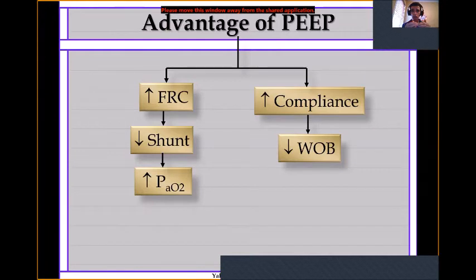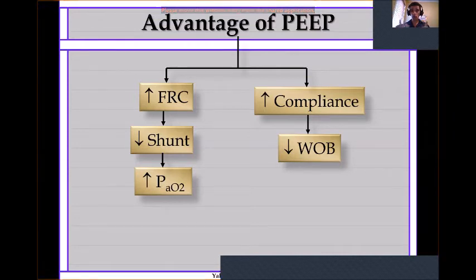If there is no good contact, the blood will move without gas exchange, causing an intrapulmonary shunt. So having better functional residual capacity will decrease the intrapulmonary shunt, and more contact between the alveolar wall and the capillary means better oxygenation, better gas exchange.